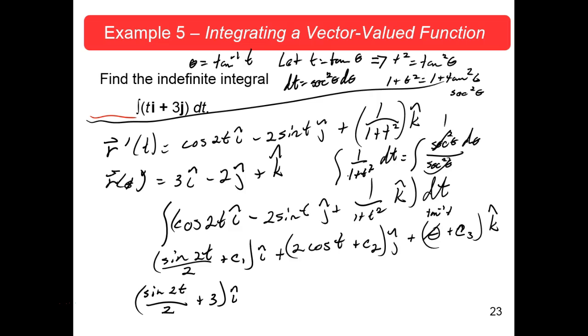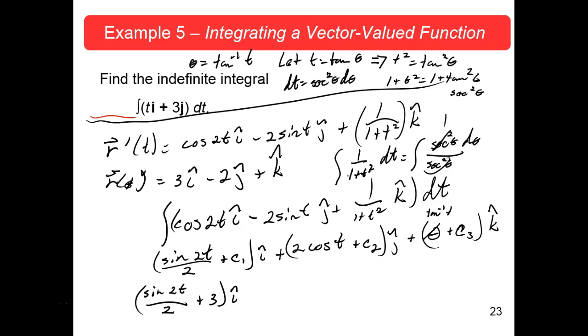Okay, now, let's see this one. Let's evaluate this one separately. When t is equal to 0, what is cosine? Cosine of 0 is 1. So this will be 2 plus C2 is equal to minus 2. So C2 must be minus 4, right? 2 minus 4 is equal to minus 2, right?